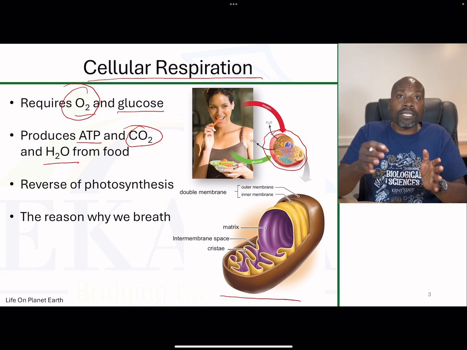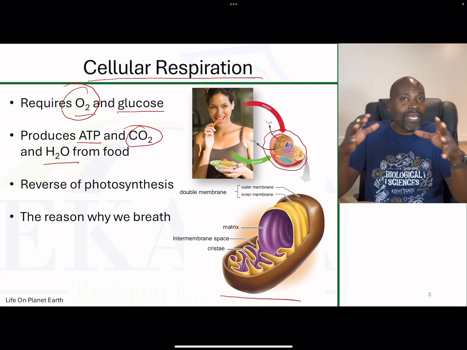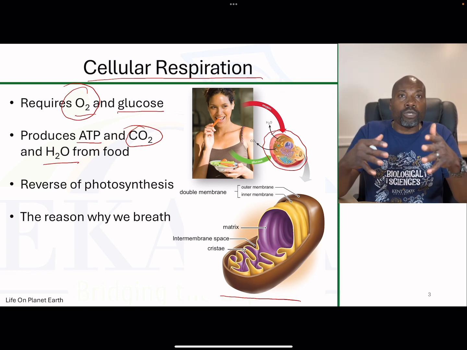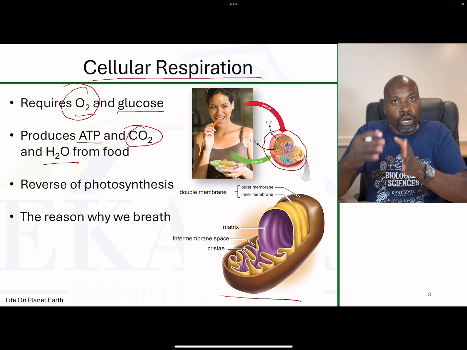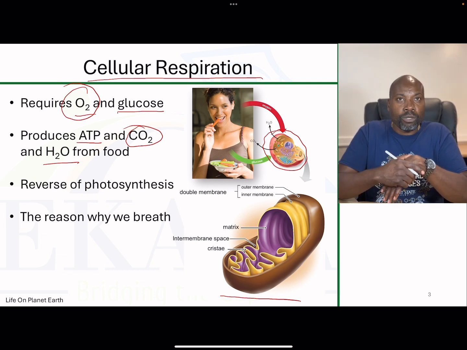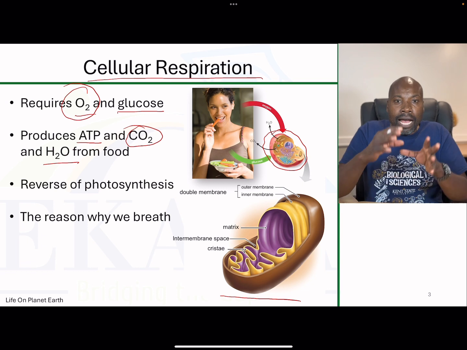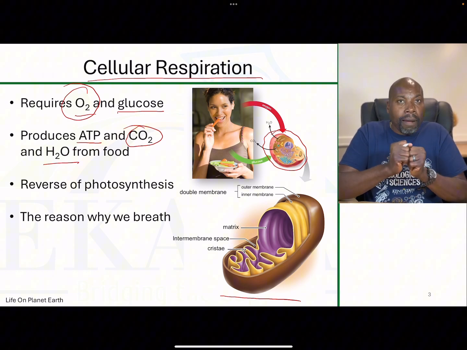And not only us, but most living organisms are going to use carbohydrate mainly as a source of energy, short-term source of energy. So that's where the cells are getting energy from first.